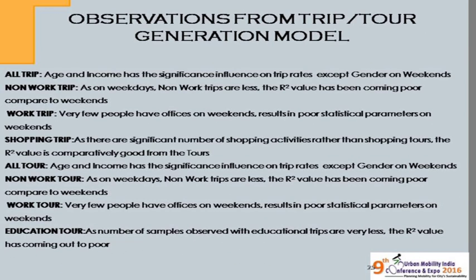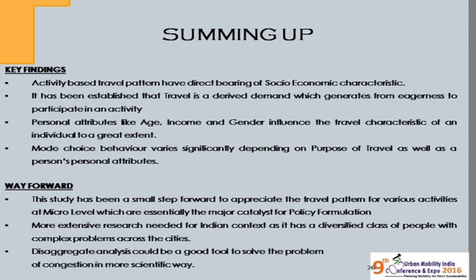So after all these observations, some key findings are that age, income, gender, these things can be considered to estimate the trip rate, rather than just considering population and such things on an aggregate basis, as in 4-stage modeling.